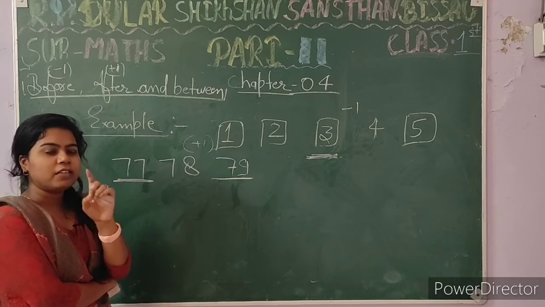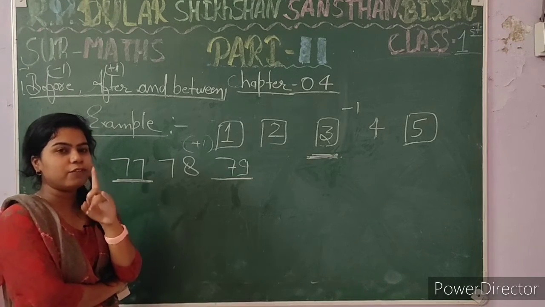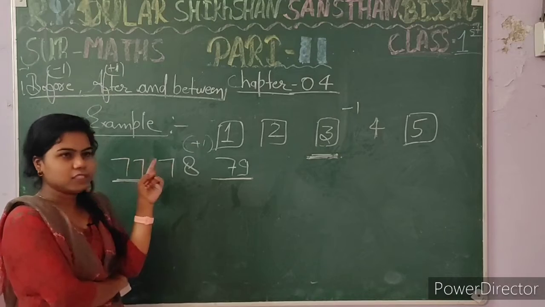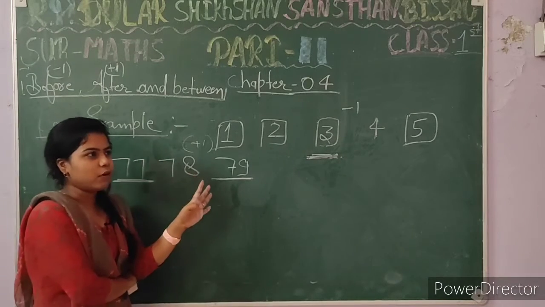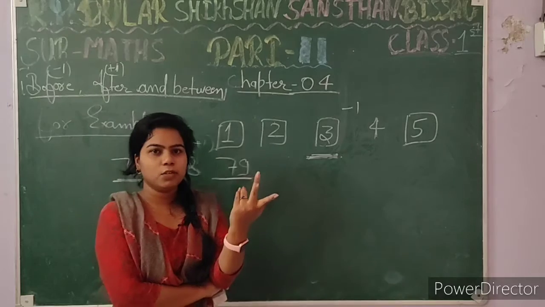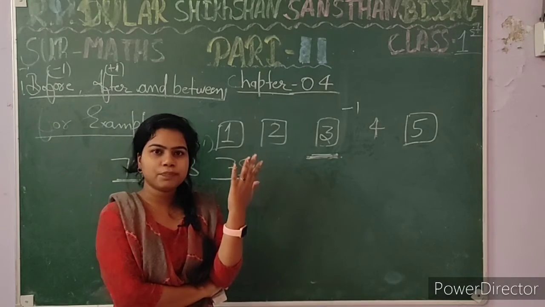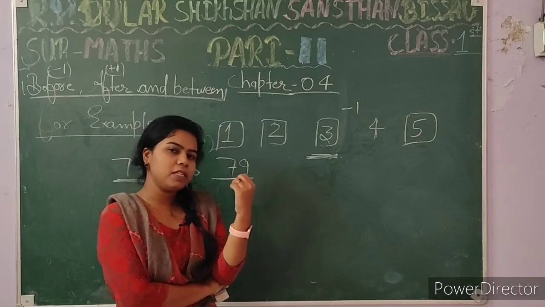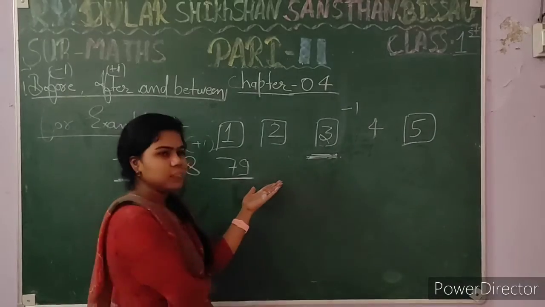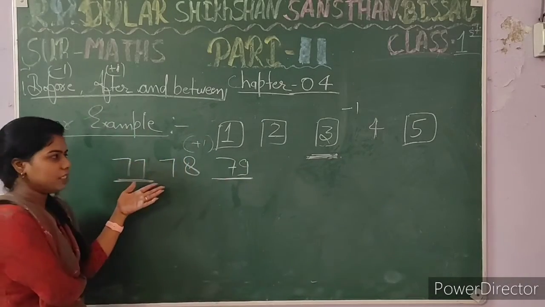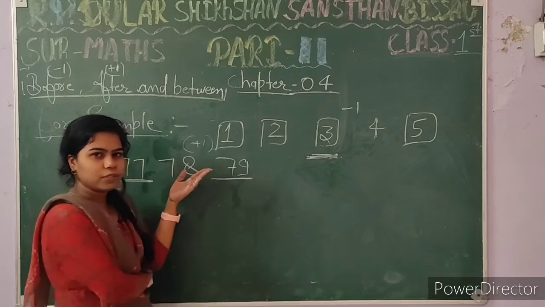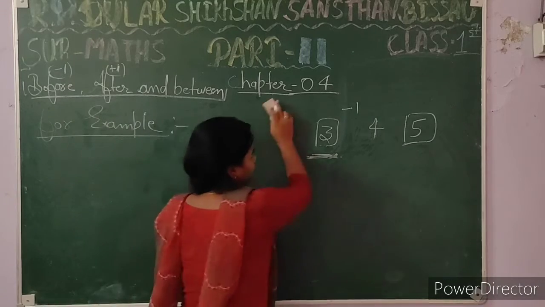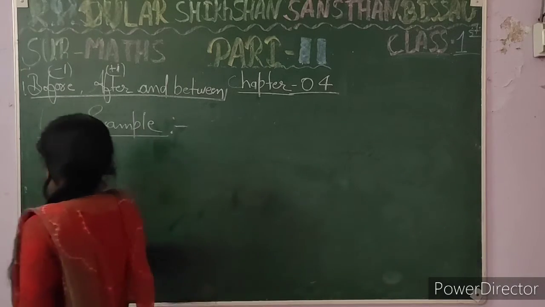Don't be confused about descending or increasing. Always remember that if the word in the question is before, then you use -1. So which number comes before 79? 79 minus 1 is 78. So we write 78. I told you today's class in a very simple way.